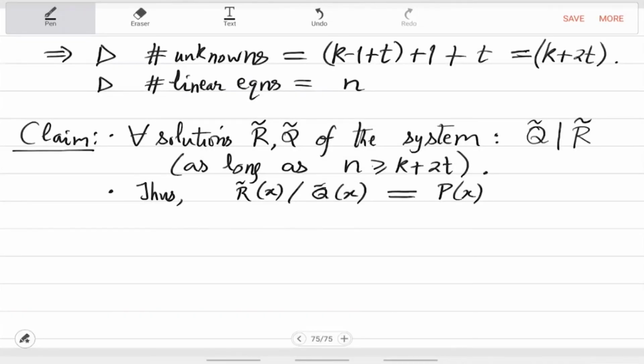Okay, so I think we can do this. So what is the proof? Let us assume that 2 raised to b is at least n and n is at least k plus 2t. We are in this setting.